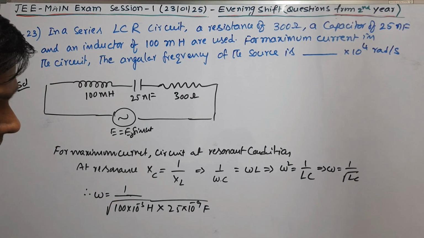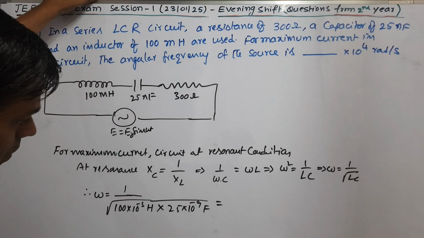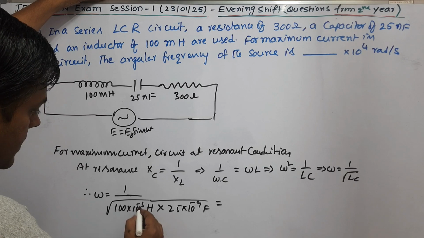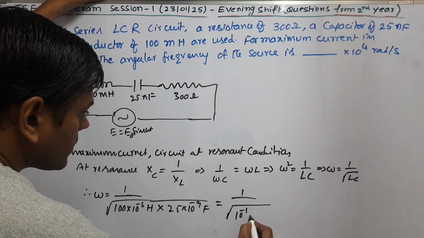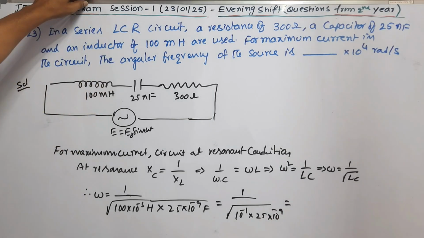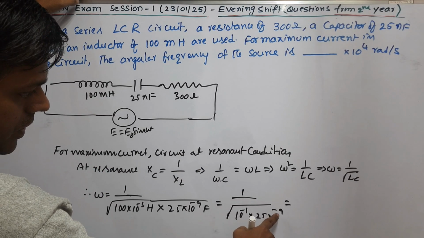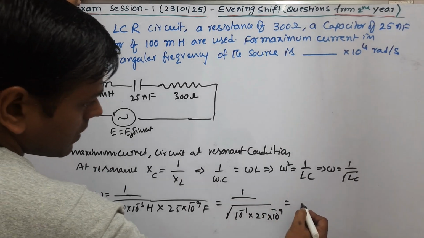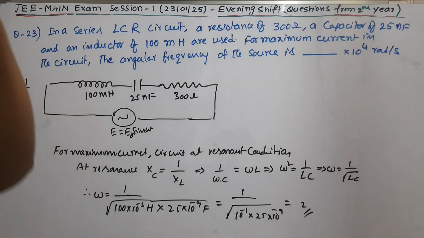Then when you compute it, that means 1 by root over 10 power minus 1 into 25 into 10 power minus 9, that means 1 by 2 root 5. When you go to the numerator, its value is approximately 2. This is the answer for this question.